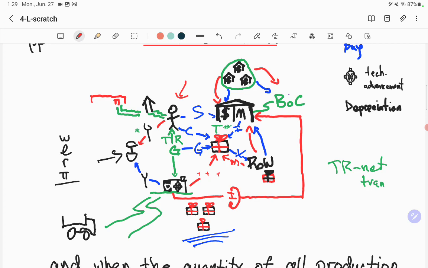So, C, consumption expenditure, investment expenditure, government expenditure, and NX, where NX, net exports, is equal to exports minus imports. Why do we subtract imports? Where's the money going?